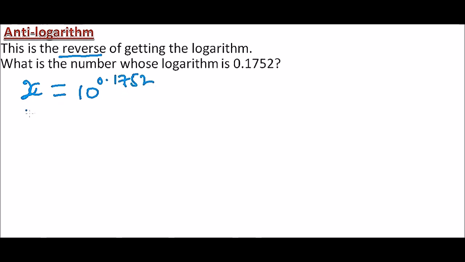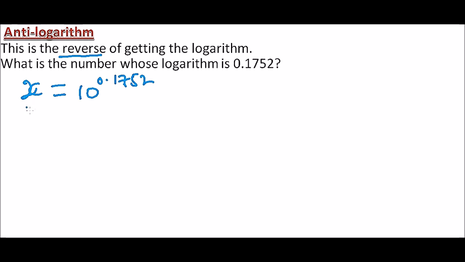So we need to find the value of x. Now, after the logarithm table, in the mathematical table, we have another table known as anti-logarithm table, and that is the one that you use. The reading of the anti-logarithm table is similar to the way we learned how to read the logarithm table, so I will not repeat that.